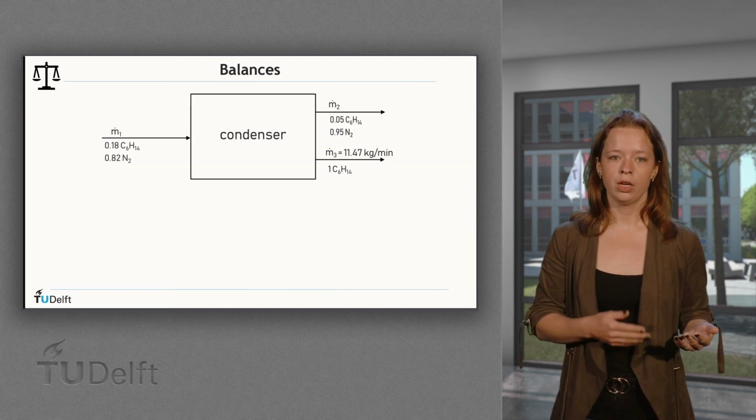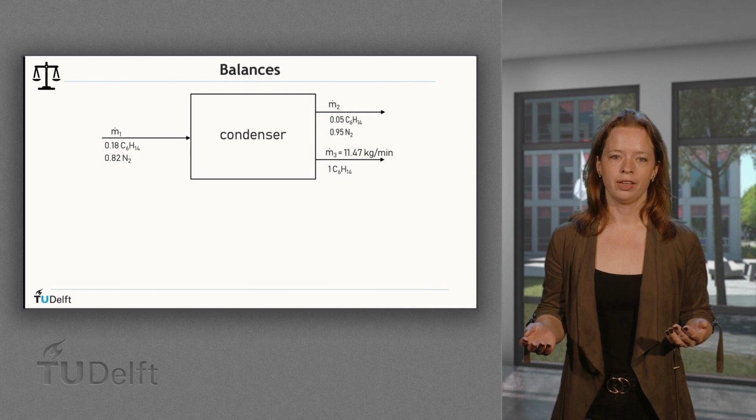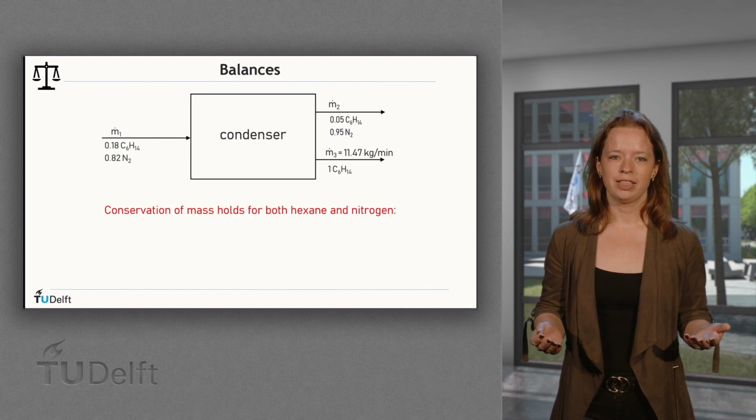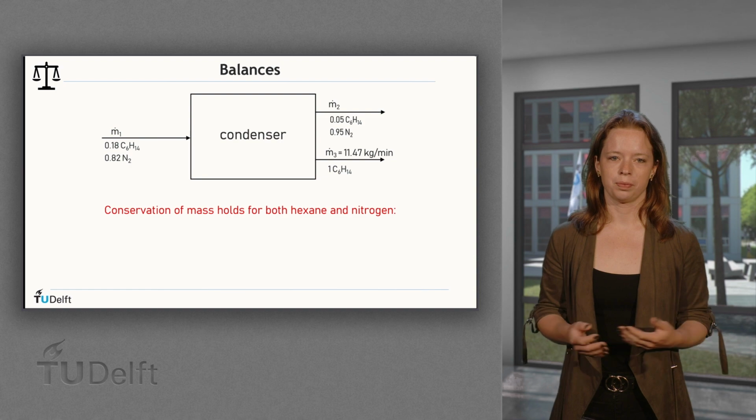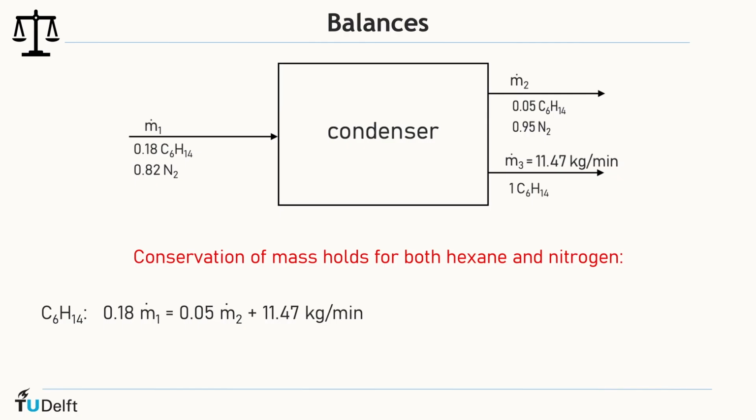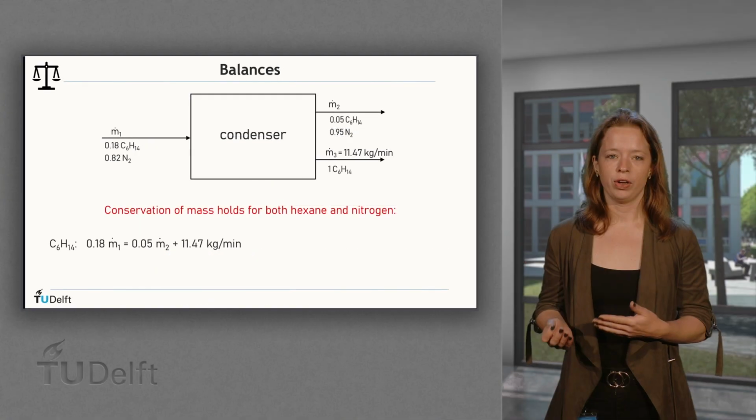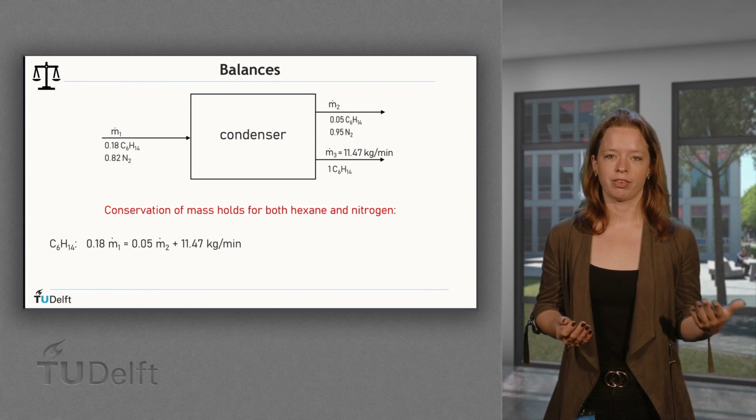Going back to our flow diagram, we can write down the mass balances for both hexane and nitrogen. The total amount of hexane entering the system equals 0.18 times ṁ1, and the hexane leaves the system in both the gas stream ṁ2 with a mass fraction of 0.05, as well as in the liquid stream ṁ3, which we know equals 11.47 kilograms per minute.